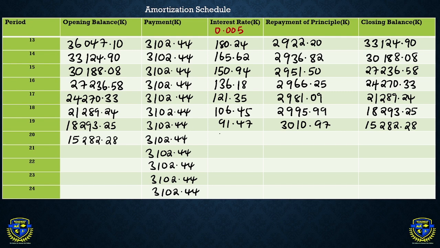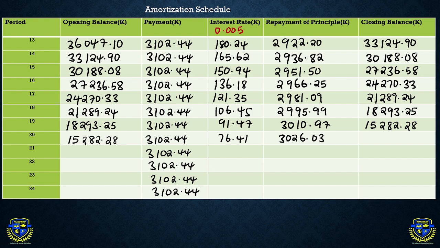it's going to give us 76.41. Okay, so 76.41, subtracting it from 3,102.44, that's going to give us 3,026.03.